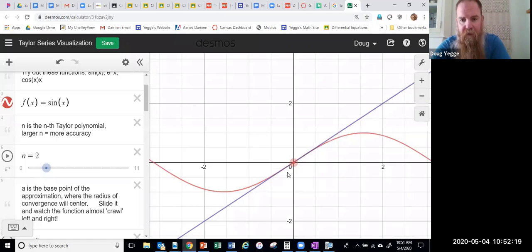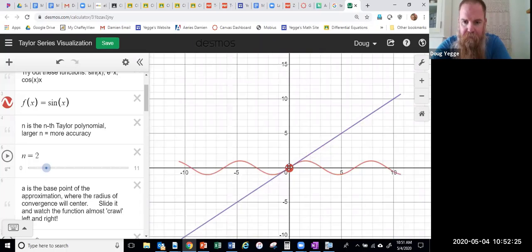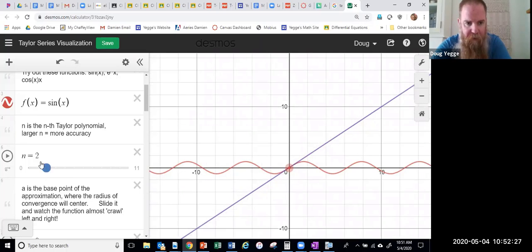Wait a second. Does that look like a polynomial, like a quadratic? Right. I'm approximating it with a quadratic polynomial where n is equal to 2. It's an nth degree polynomial. So what do you think that means that this still looks like a line?